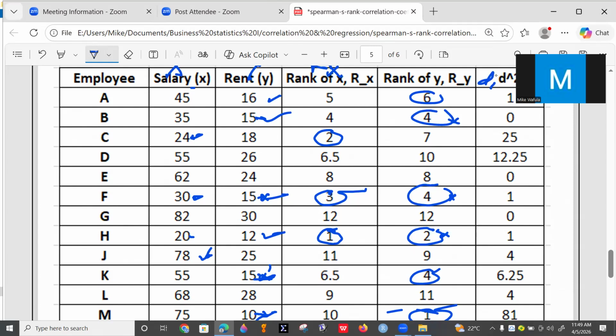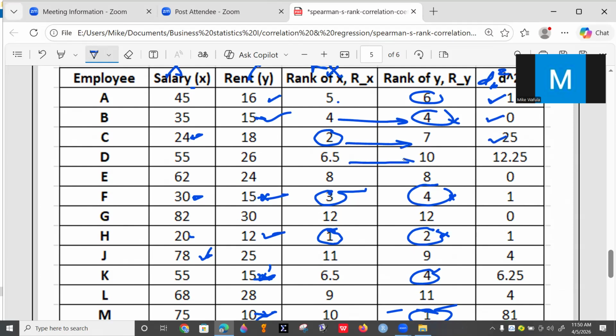I've called it Di squared, or just D squared for simplicity. Remember D is a difference. So 5 minus 6 is -1, then you square it, you get 1. 6 minus 6 is 0, squared is just 0. 2 minus 7 is -5, squared is 25.